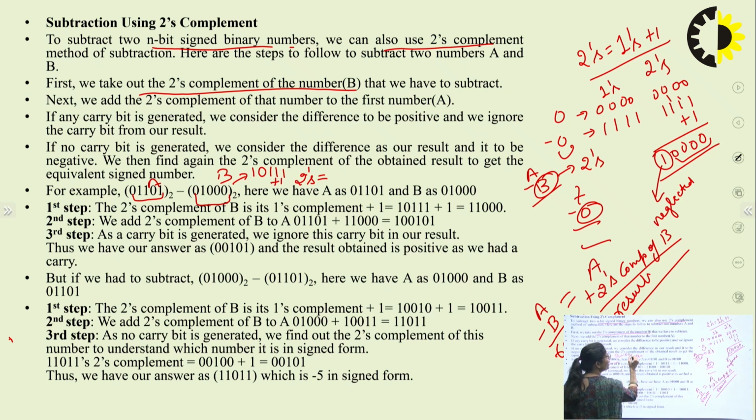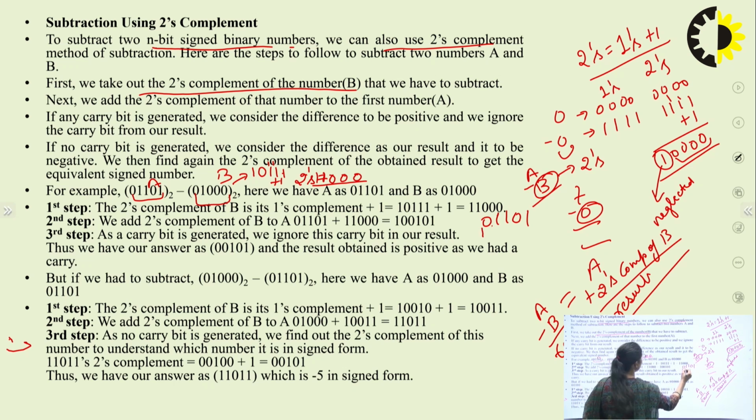When plus 1 is added, 1 plus 1 is 0, carry 1. 1 plus 1 is 0, carry again 1. 1 plus 1 is 0, carry again 1. Then 1. We get 1 1 0 0 0. And when we do this operation, that is 0 1 1 0 1, and then the 2's complement is 1 1 0 0 0.